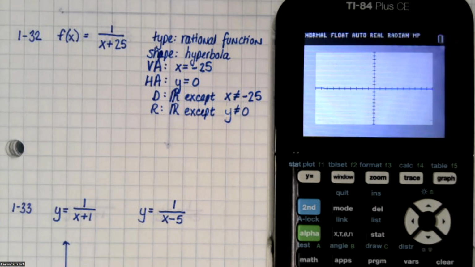Okay, why is that? It's because I had you go from -10 to 10. And where's our asymptote going to be? -25. We are not able to see -25 right now. So what I want to teach you guys to do is how to shift your window over so that you can see it.